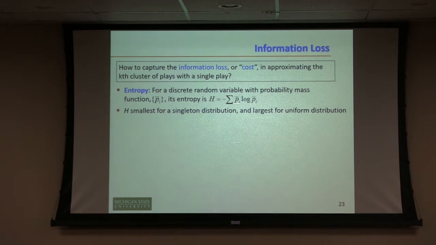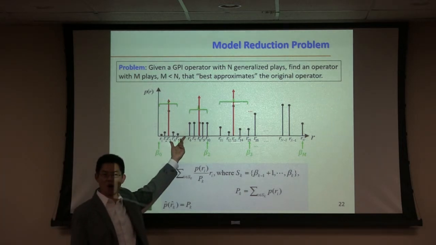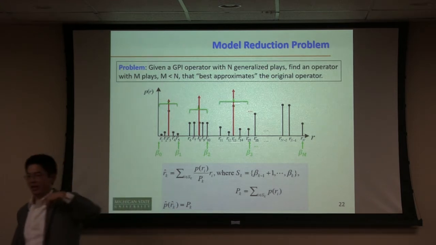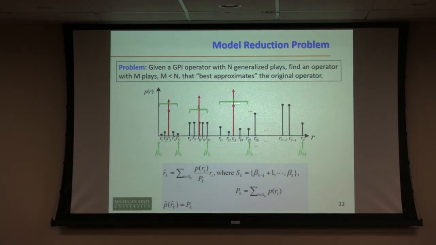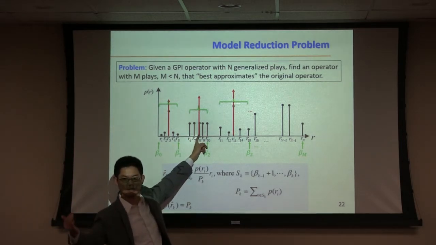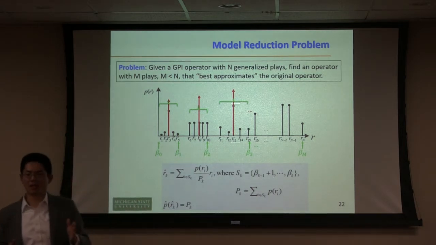In this case, if a particular cluster has only one element, you are not getting any loss, because I can use that one element to represent the whole cluster without any loss. On the other hand, if your cluster has quite a few elements with an almost uniform distribution, I will struggle to represent it.